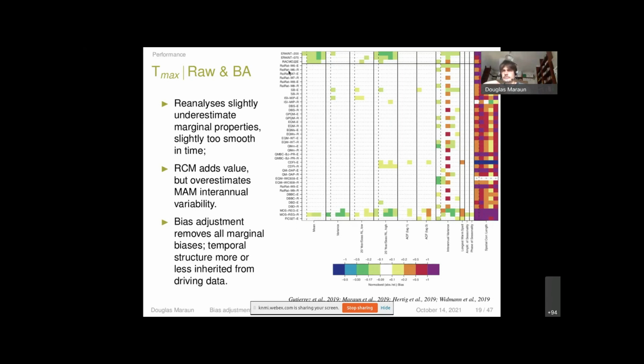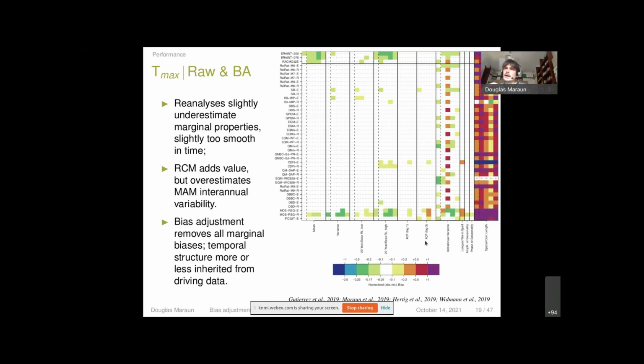And what we checked was how it corrects the mean, the variance. Here, this is the 20-year return level. The low end, and here the high end of the distribution. So this would be cold days, this would be hot days. Then the autocorrelation function.